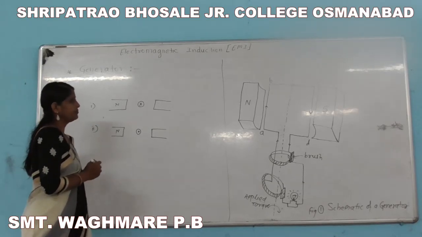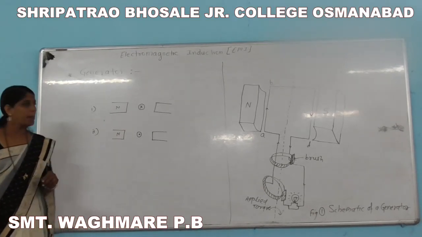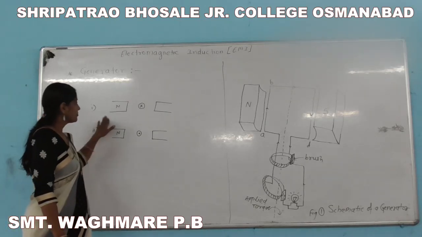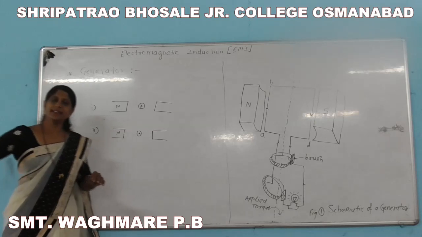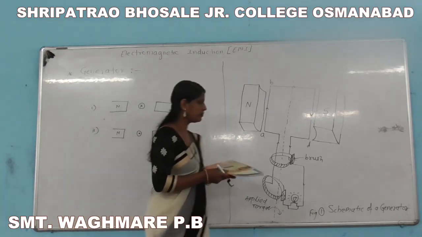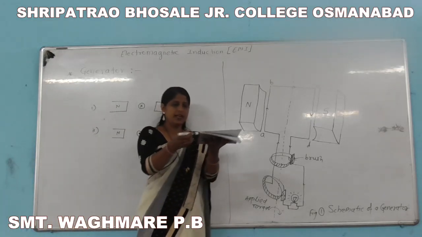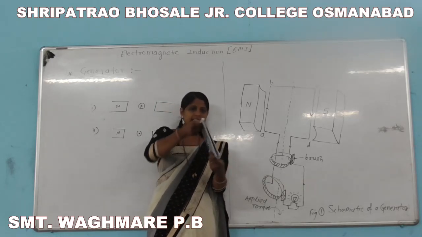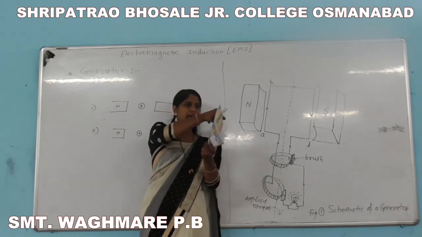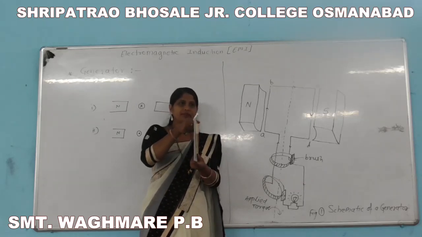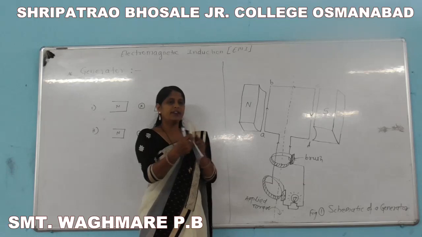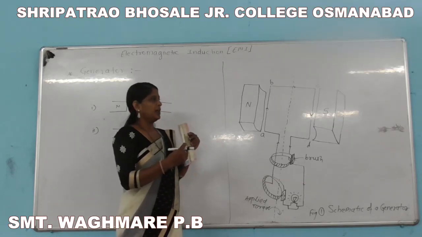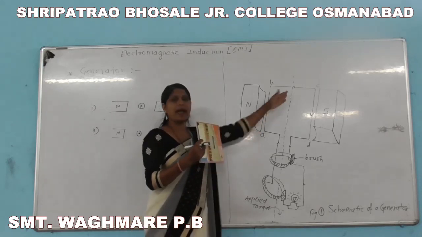And when the coil is rotating in the magnetic field, this is the direction of current. The coil will rotate like this, and this side will become like this, and when this coil is in this position, there will be a change in magnetic flux.